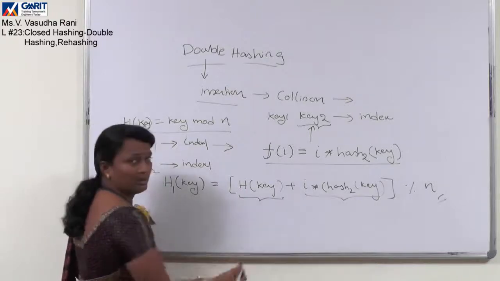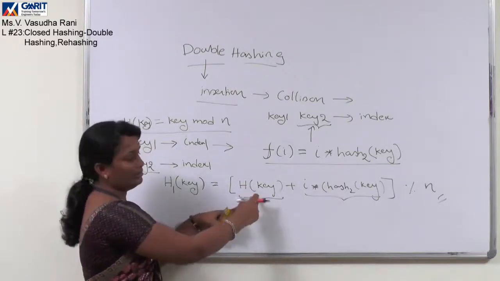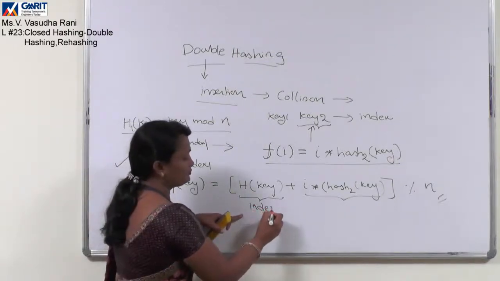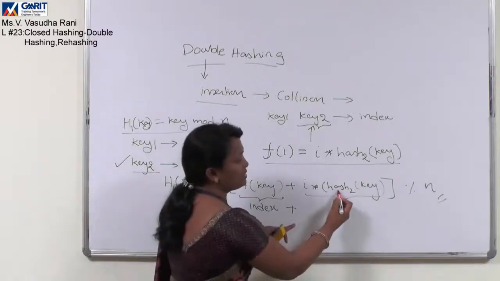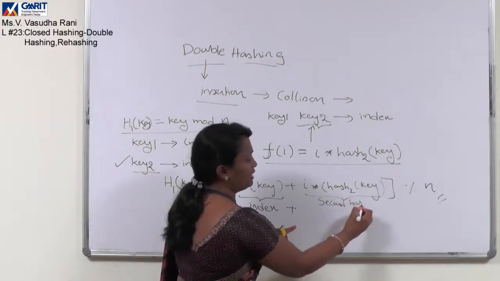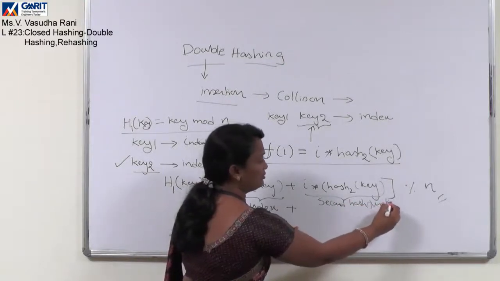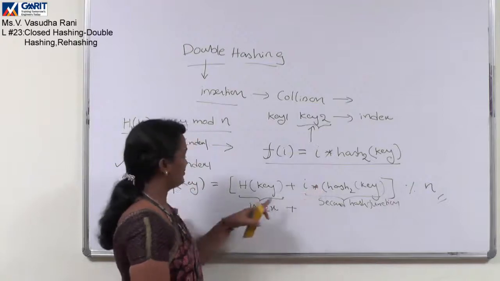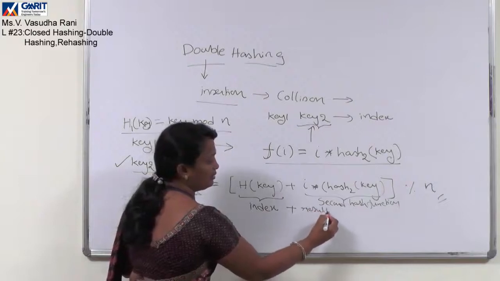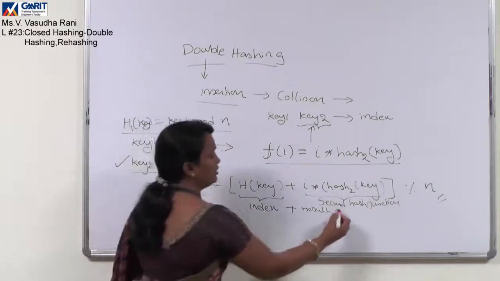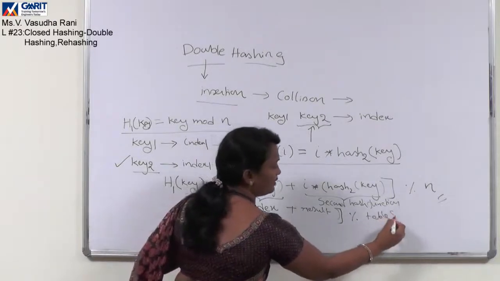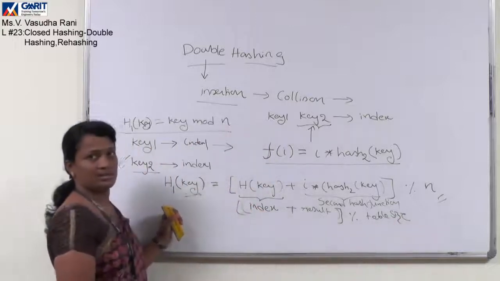This is your regular hash function, which you use to calculate the index value. Whatever you get with this, that index value should be added to the result of this second hash function. The result of this second hash function for the same key is added to this index, and this whole thing is taken modulo our table size.